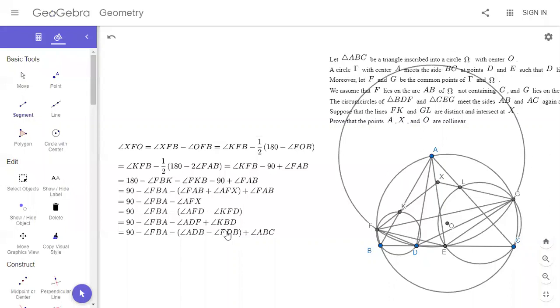And angle FDB is also equal to angle FKB. FDB is FKB. Or FKB equals, yes, angle FDB equals angle FGE.